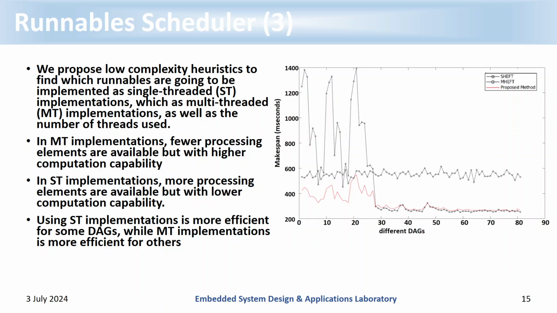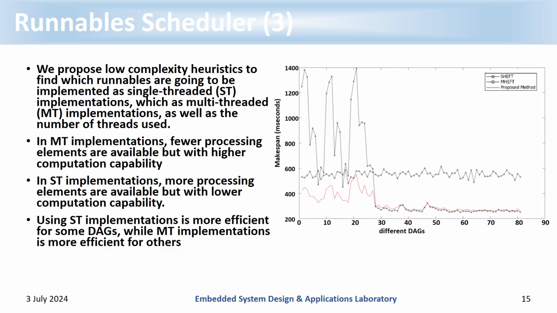The default HEFT algorithm does not support multi-thread tasks. Therefore, to better evaluate and compare our method, we have implemented HEFT using either single-thread CPU implementations, called SHEFT, or max-threaded CPU implementations, called MHEFT.